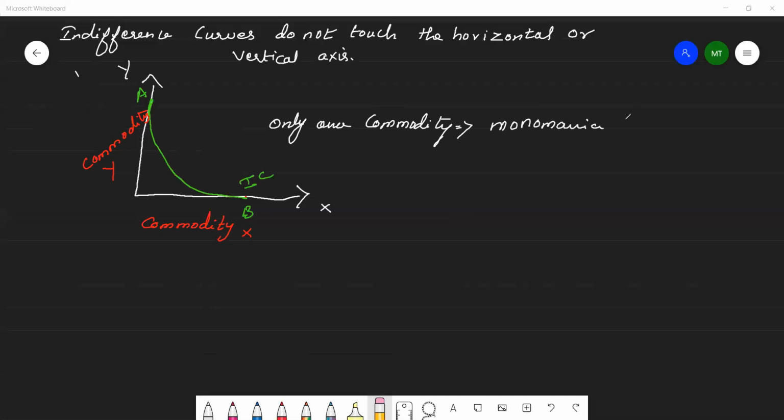That is a consumer's lack of interest in the other commodity, insisting on purchasing only one commodity.